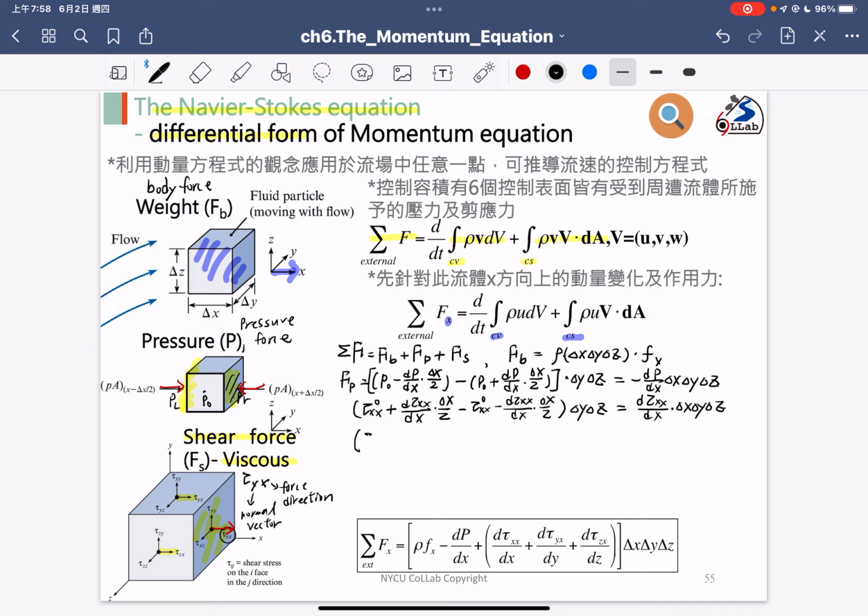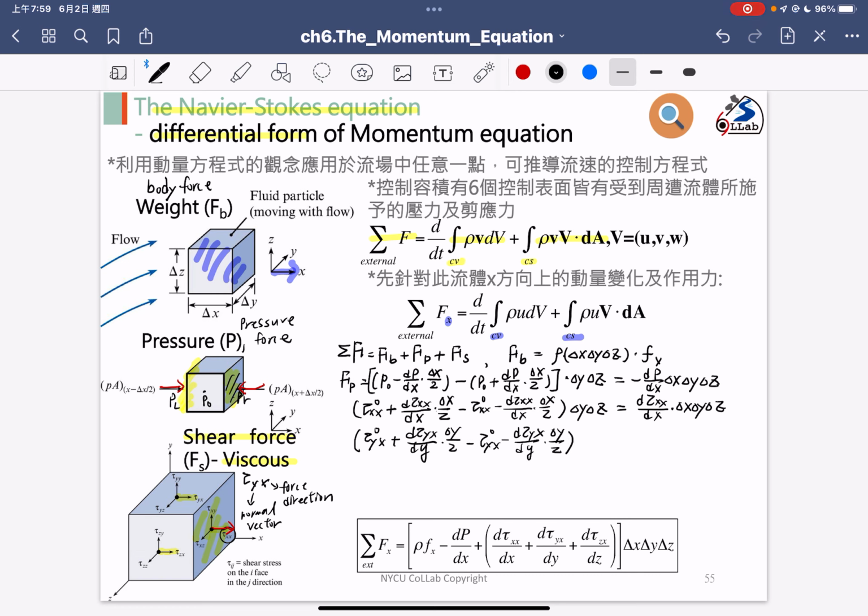The next one is tau y x0, plus d tau y x, and here it is along the y direction, multiplied by 2 over delta y, and minus tau y x0 minus d tau y x dy, multiplied by 2 over delta y.